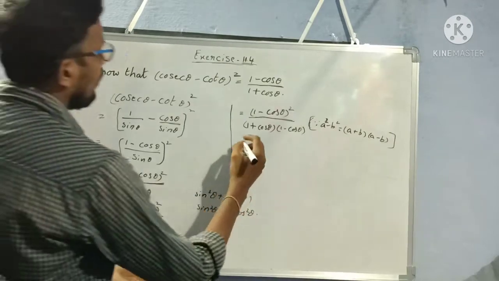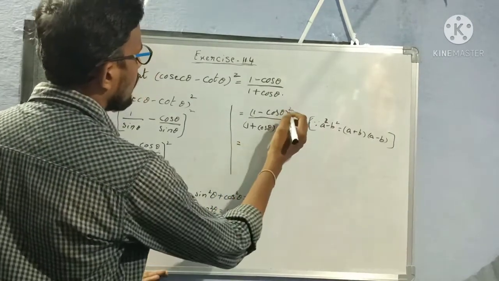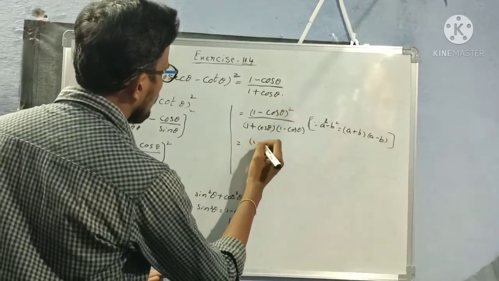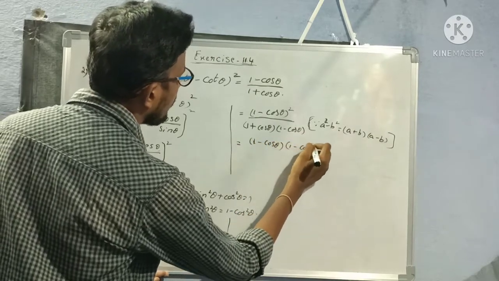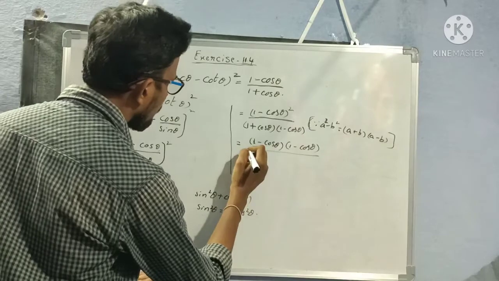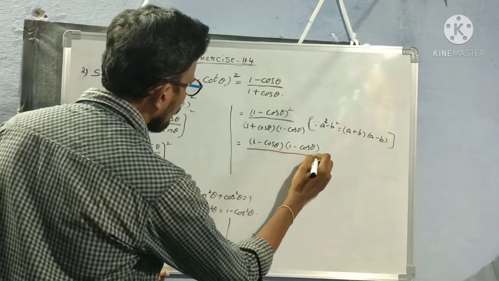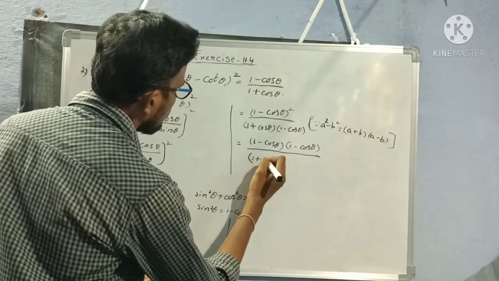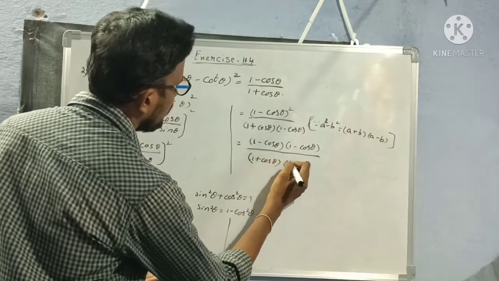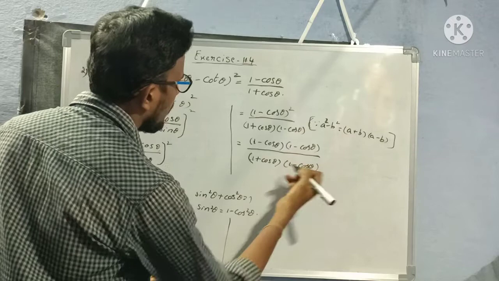Now see here, (1 minus cos theta) whole square can be written as (1 minus cos theta) into (1 minus cos theta) by (1 plus cos theta) into (1 minus cos theta).